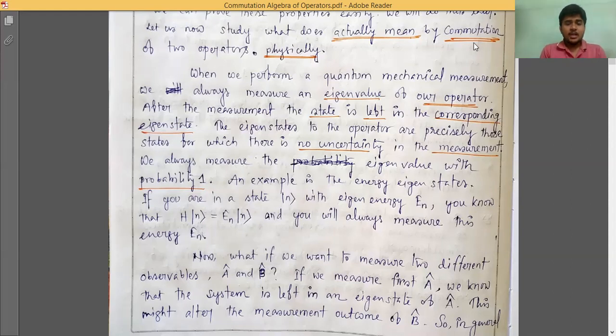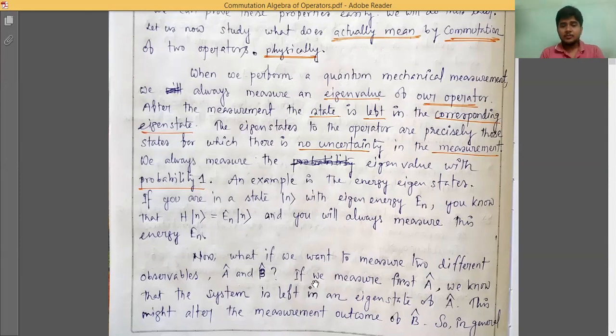Okay. Now, what if we want to measure two different observables? Here comes the problem. If we have two different observables, the first one is A and the second one is B. So what will happen then?